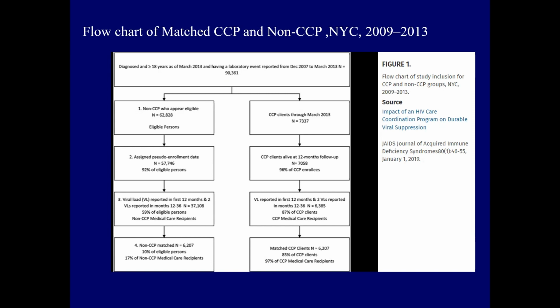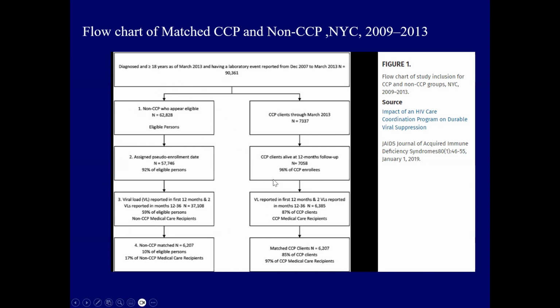Of them, 7,058 were alive in the 12 months post-enrollment. In the next step, some of these had evidence of medical care in NYC. So eventually the number of CCP clients was 6,207.